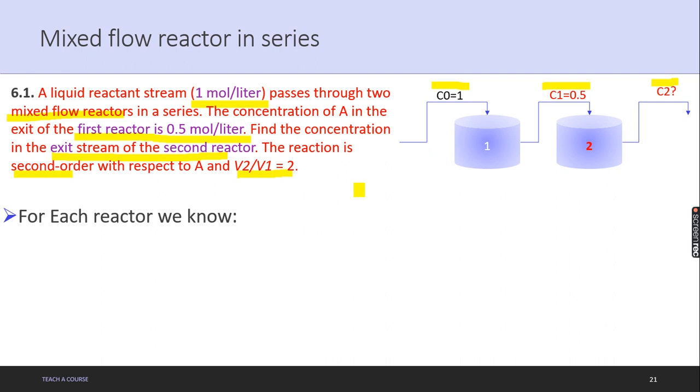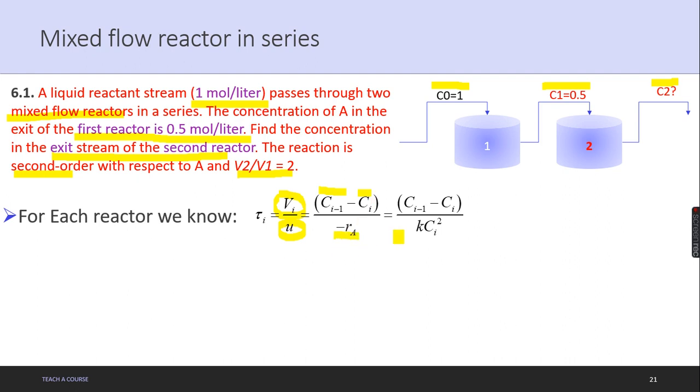So for each reactor, we know tau i equal to Vi, the volume of reactor, divided by the flow rate. U is the volumetric flow rate, liter per minute, and Vi is the volume, maybe liter. And how can we write it? We can write concentration Ci minus 1, before that, what is the concentration at the exit of the reactor, divided by minus Ra.